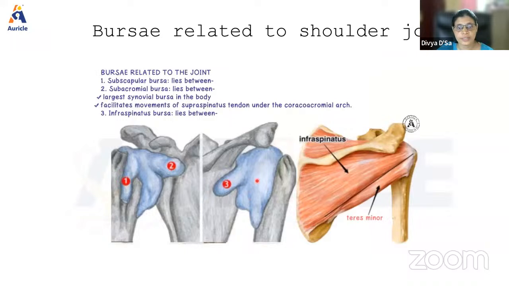Here you can see the synovial membrane extends as the covering for the tendon of the long head of biceps, that is the synovial sheath. This is the subscapular bursa, and this is the infraspinatus bursa, which lies beneath the infraspinatus muscle. So these are the extensions of the synovial membrane into the neighboring structures.